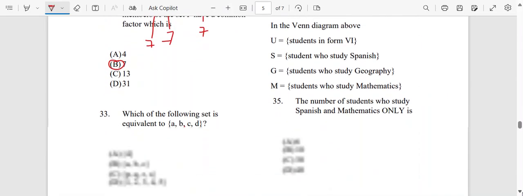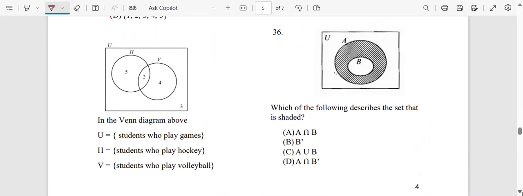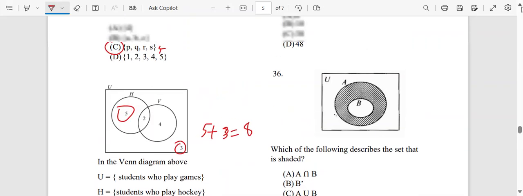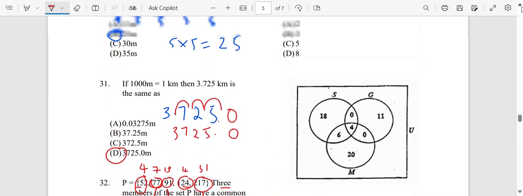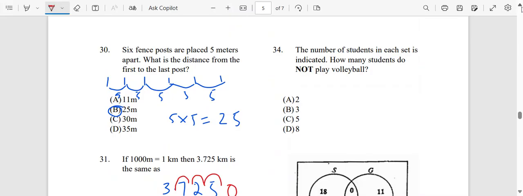So look at who does not play volleyball. We have this one right here. We have this one right here, right? So 5 plus 3 is equal to 8. So 8 persons do not play volleyball. So 8 is our correct answer right there. Let's continue.